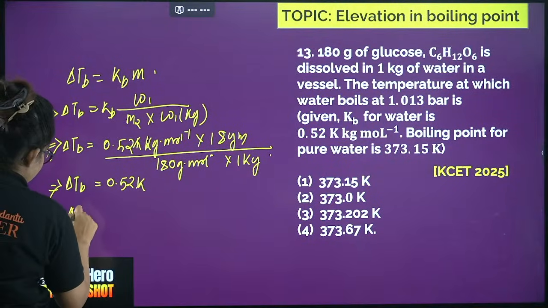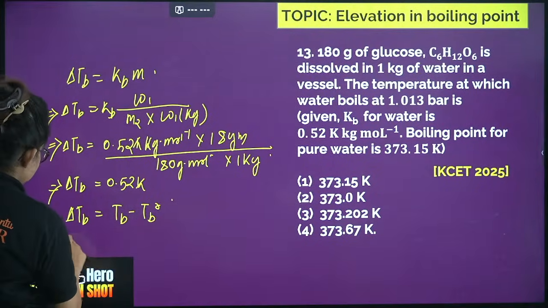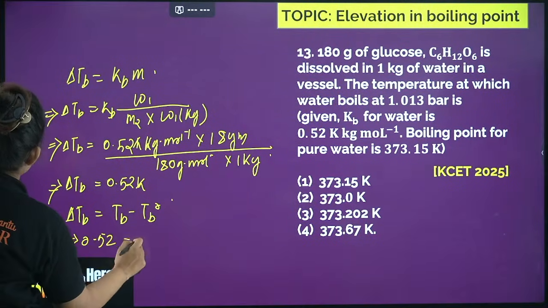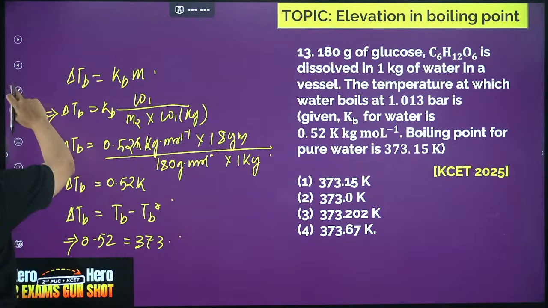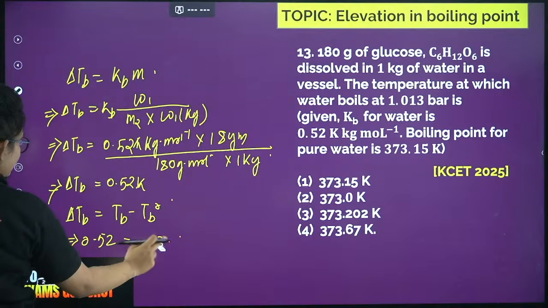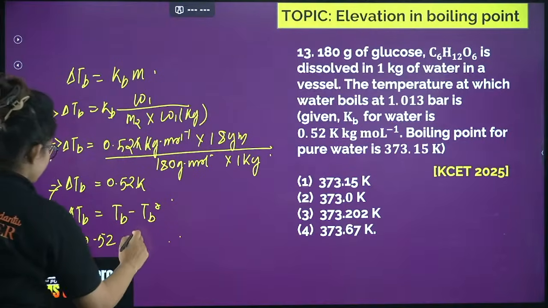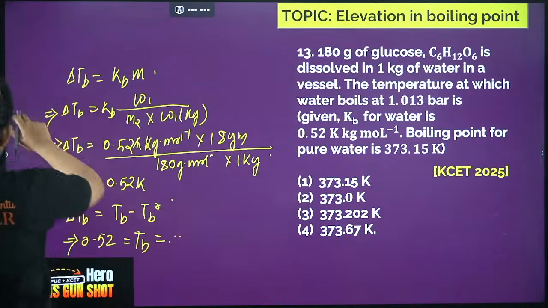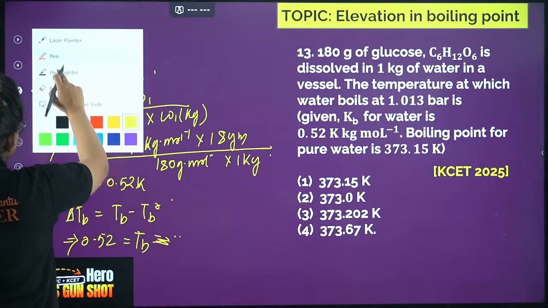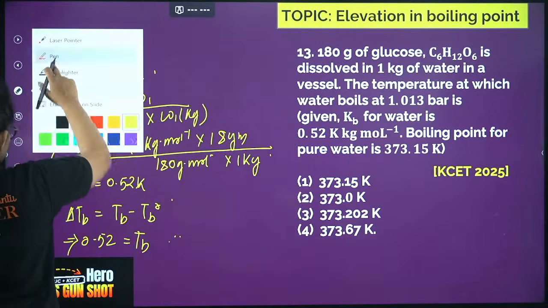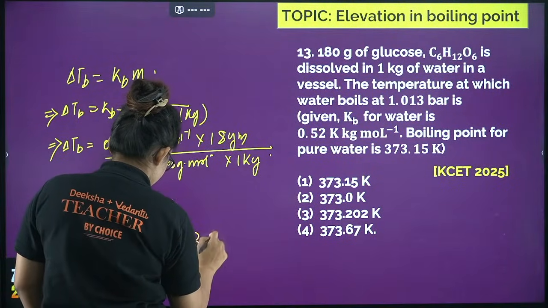Delta TB, it's not yet done. Delta TB is basically TB minus TB0. So let's put the value: 0.52 equals to TB minus 373 point, wait, just a minute. So TB we have to calculate. TB0 is basically at normal atmospheric pressure, and it comes as 373.15.